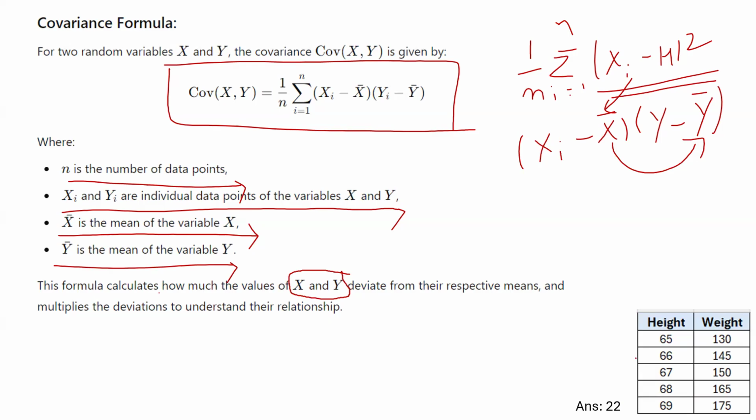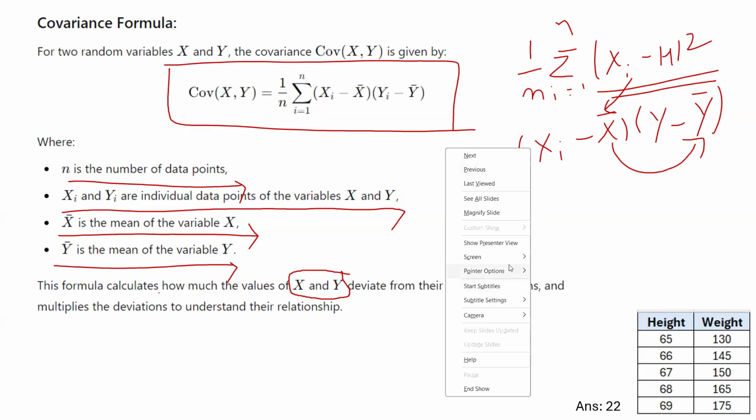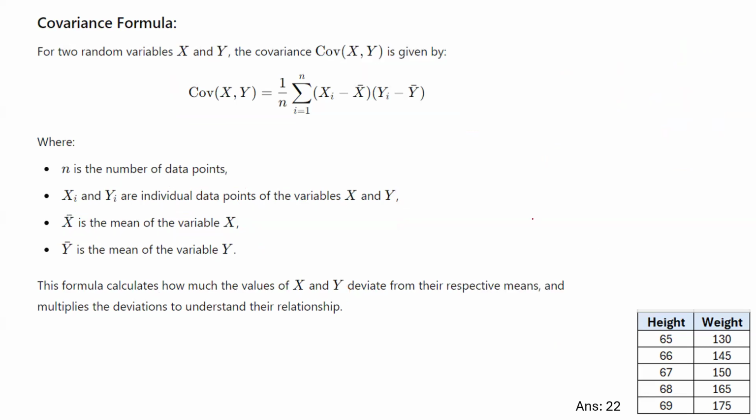We want to calculate the covariance using this formula. How do we calculate the covariance for this example? So what do we calculate first? We calculate the mean. Once we know the mean, we just apply these data points to this formula.